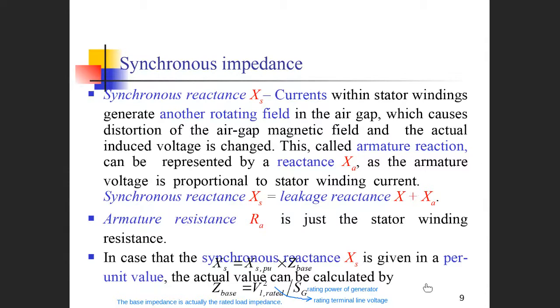There is an internal generated voltage, which depends on one, the field flux produced by the field current, two, the rotation speed omega, and three, the inductance of the field coils, which may change with the current. For small current, the inductance of field coils is a constant. For large current, the inductance of field coils becomes smaller and smaller as the current increases.